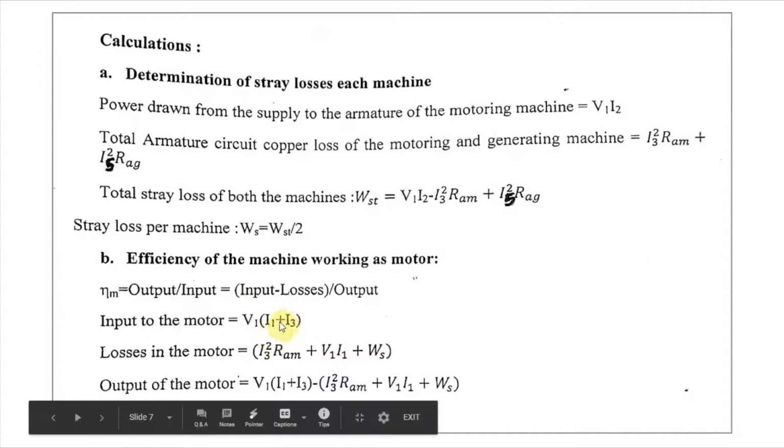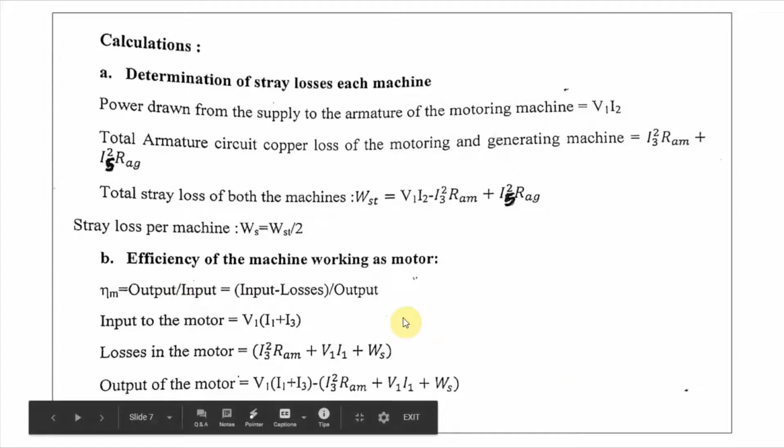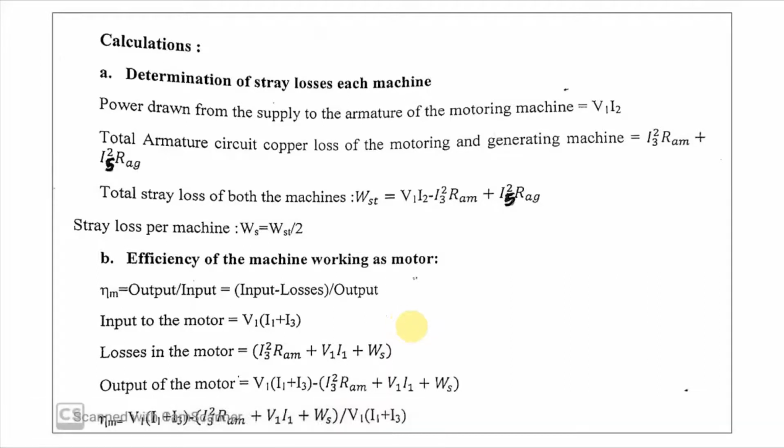So this is V1 I1 plus I3 minus the losses. These are the losses: this is the armature copper loss, this is the field loss, and this is the stray loss. These two are the field and armature circuit copper loss. The losses are subtracted from the input and we get the output of the motor, and using this expression we will calculate the efficiency using the last expression.